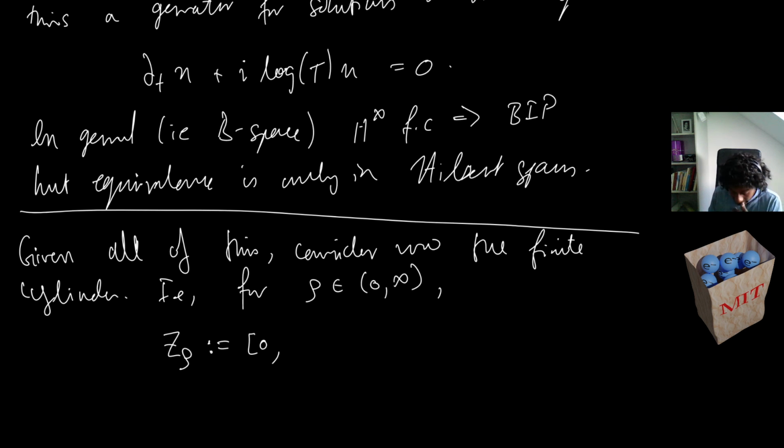Before, we didn't include the endpoint, but now I want to include the endpoint. So what can we call this? Well, maybe just Z closed.